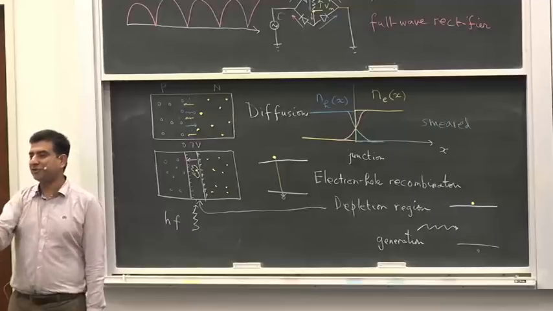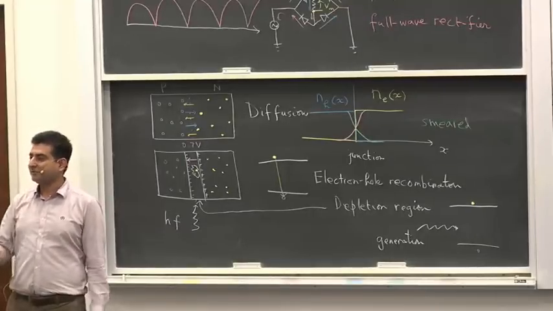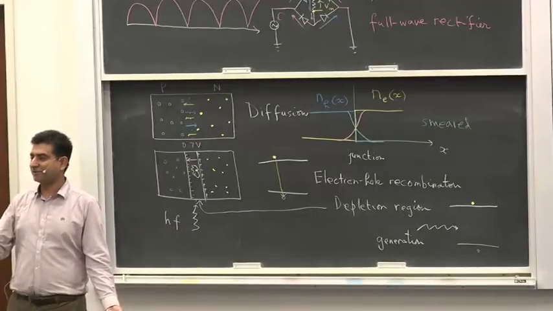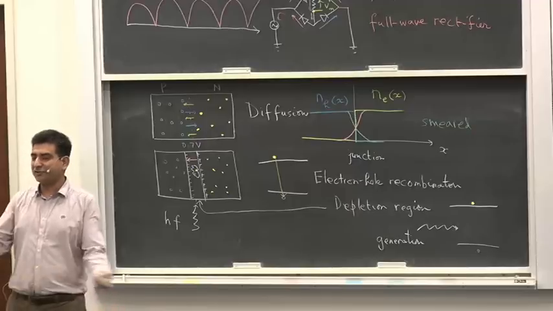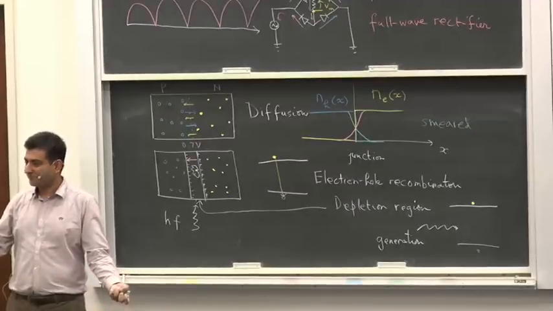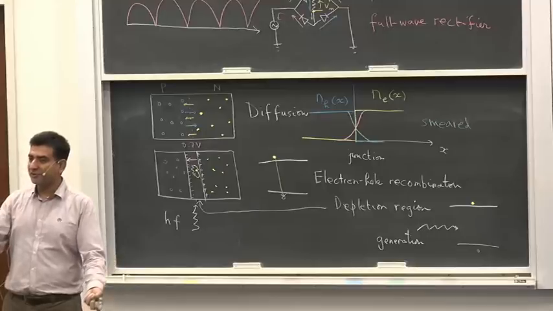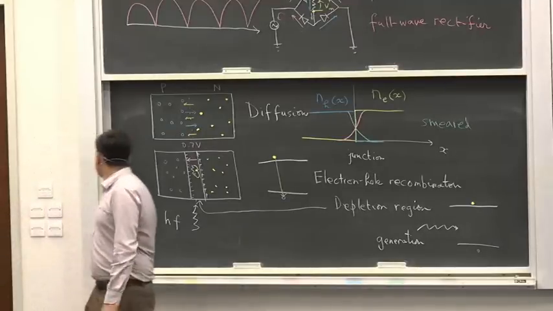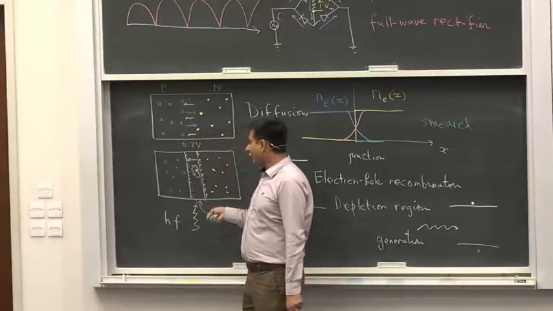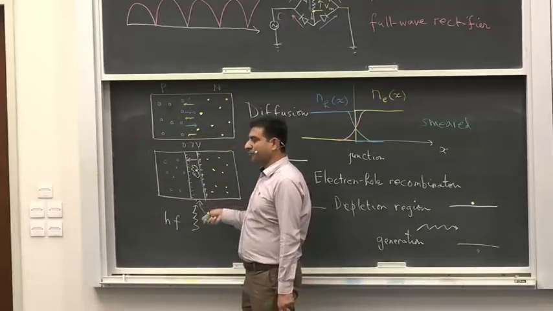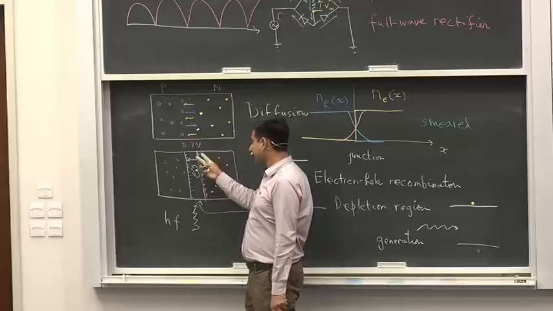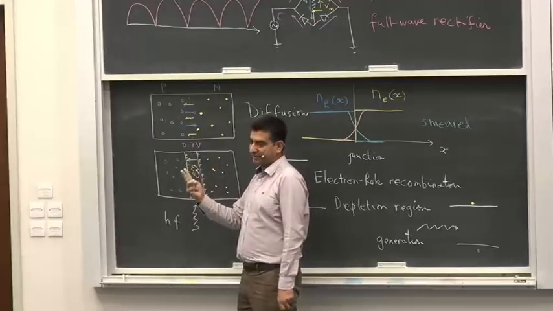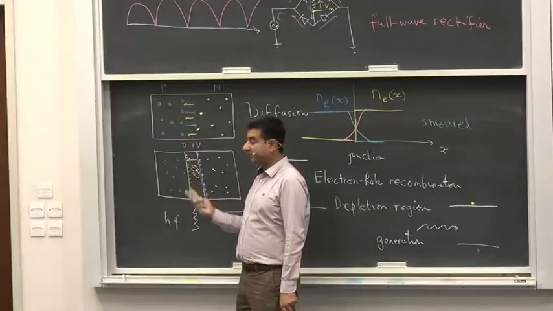And if I add these neutral atoms to a neutral substrate, will the crystal be charged? No, everything is neutral. Right? The dopants are neutral, the substrate is neutral. However, this region on a microscopic or nanoscopic or mesoscopic scale acquires a positive charge, and this region acquires a negative charge. This is real charge.